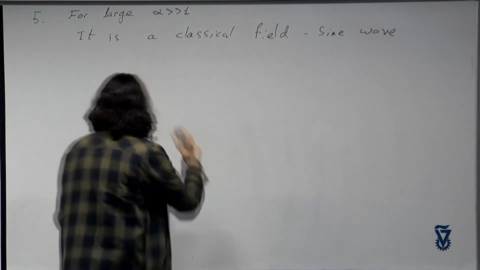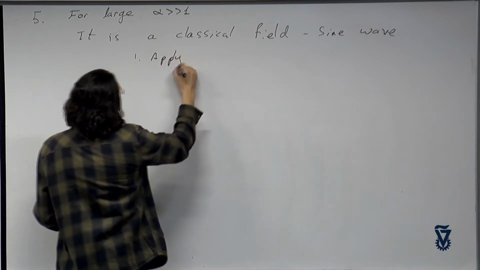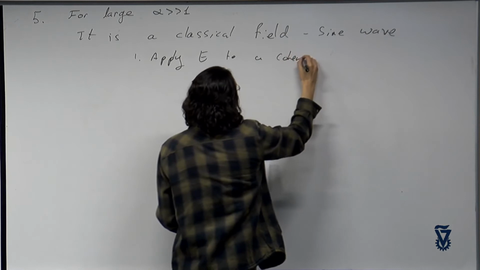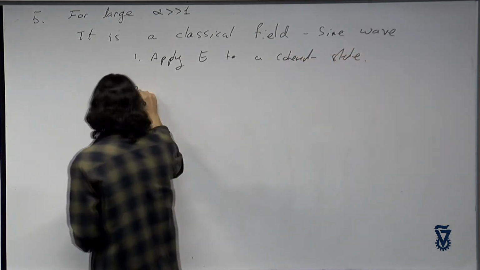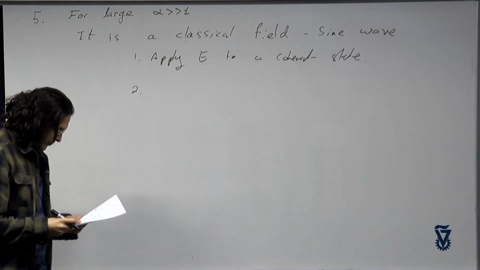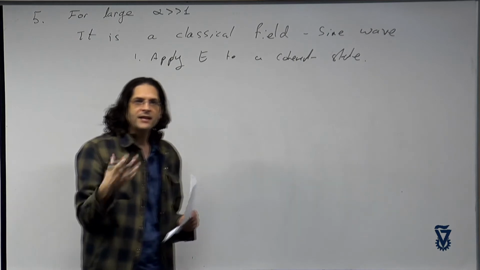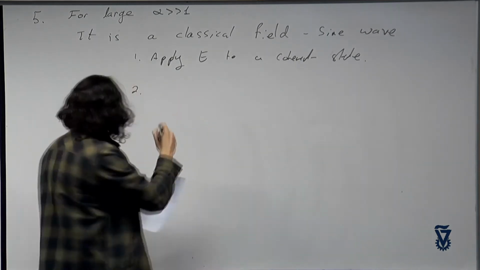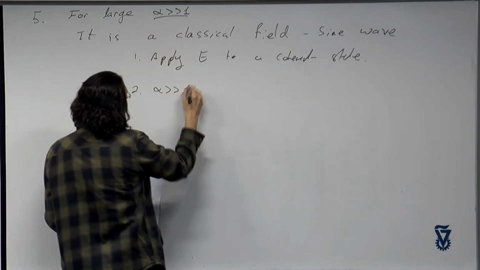So the first thing you want to do is apply E to a coherent state. The second thing is, we know what a does to a coherent state. We get alpha back. But now we want to take the limit where alpha is much larger than 1.